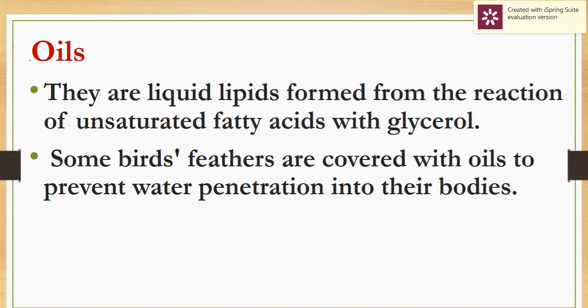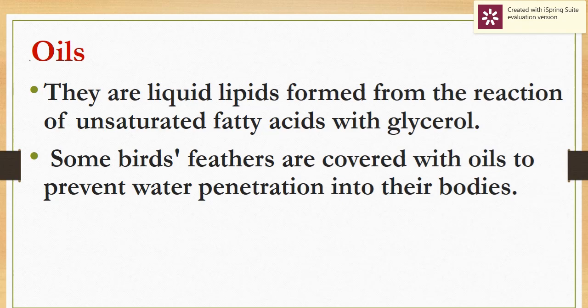An example of oil is the oil that covers the feathers of water birds. The water birds have a layer of oil covering their body, covering the feathers of their body. This oil prevents water from entering their body, so they can move more easily.